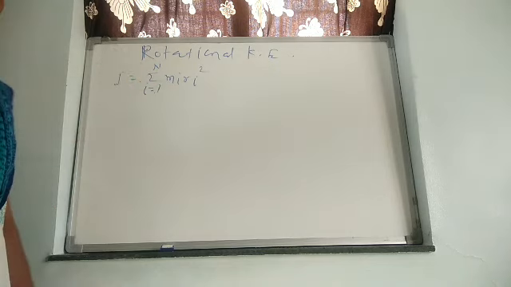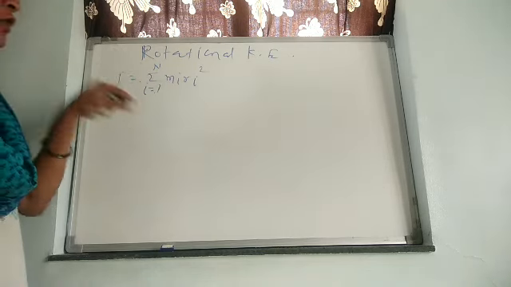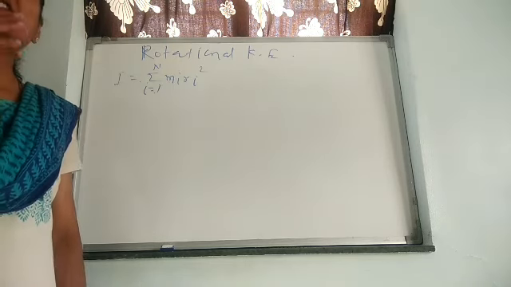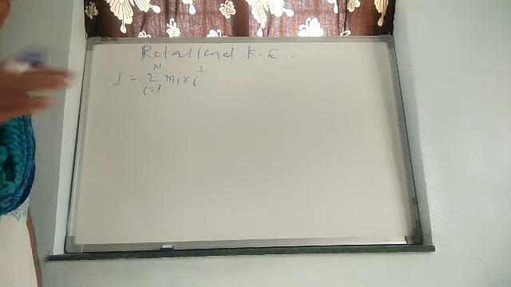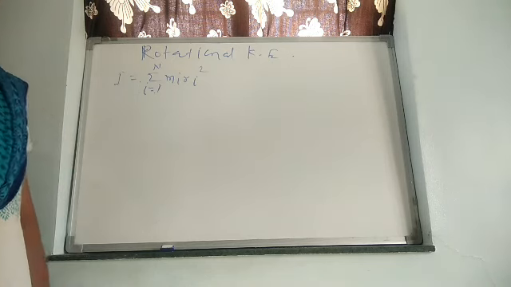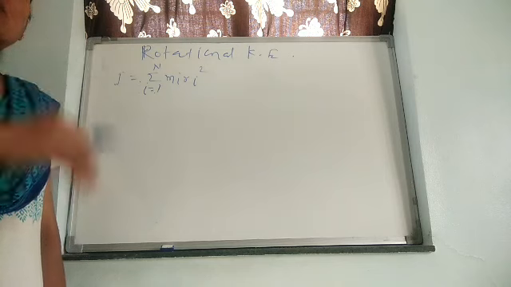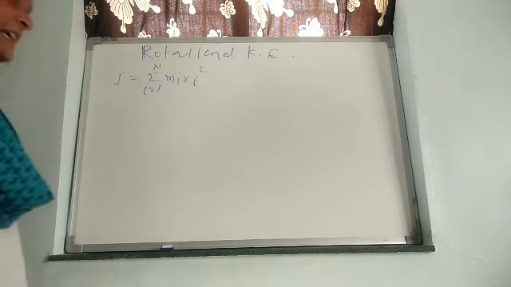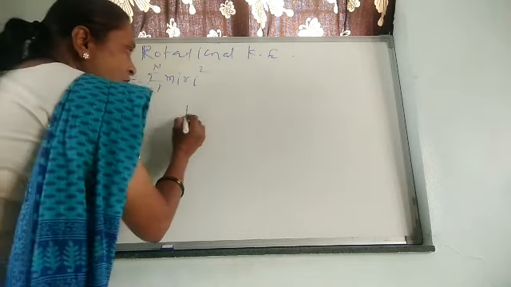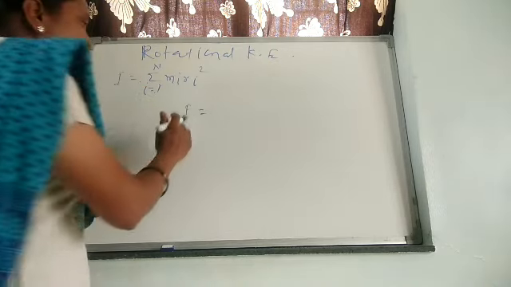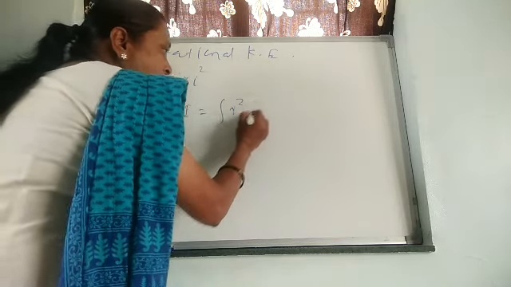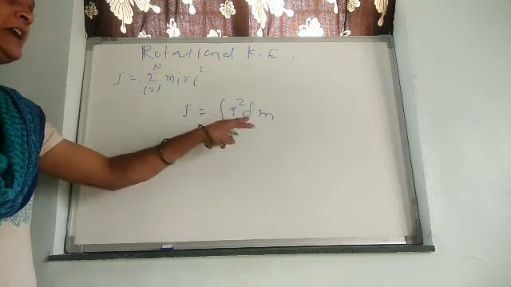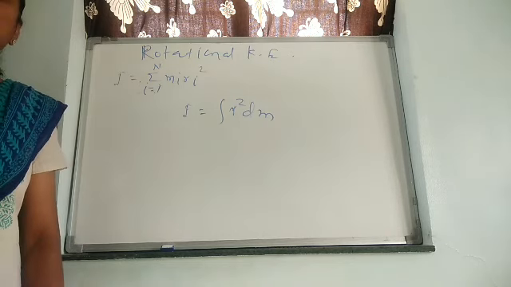Here, this equation is only for a finite number of particles. But if there is a homogeneous rigid body, or in other words there is no discrete particle but a continuous distribution of particles, then at that time instead of this summation we have to use integration.